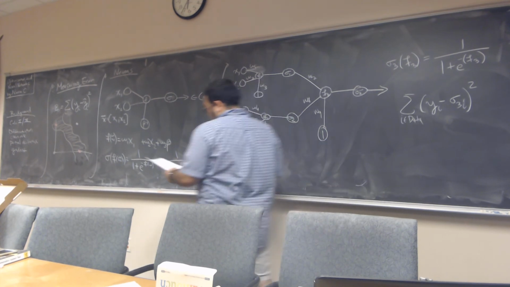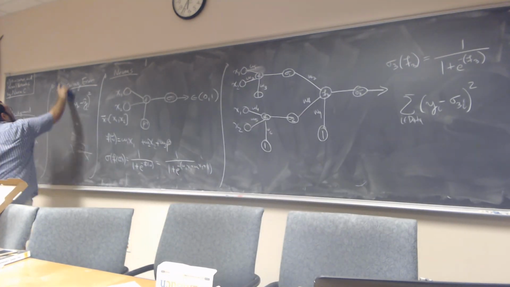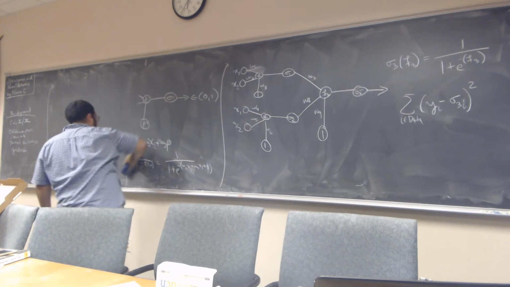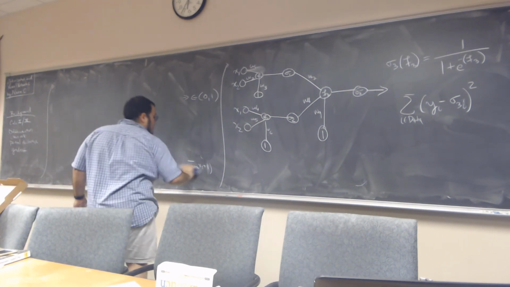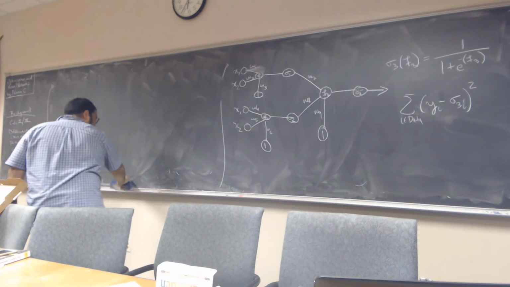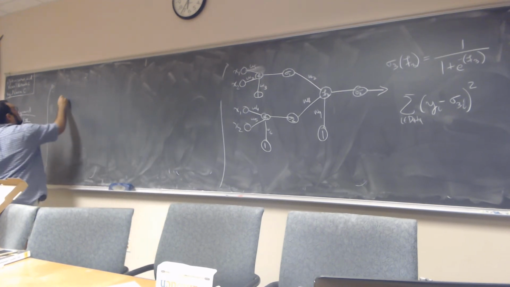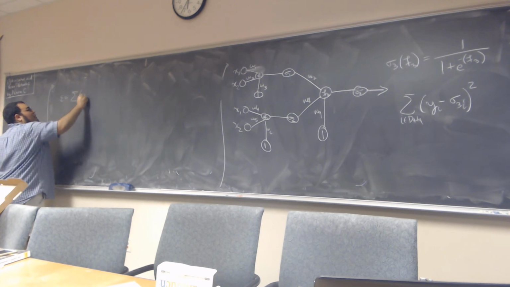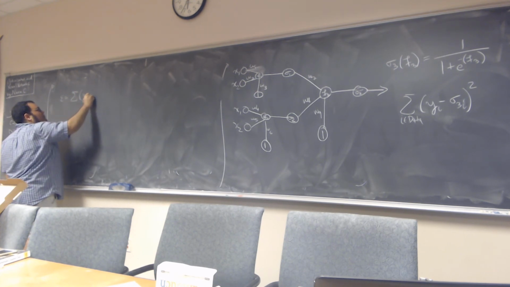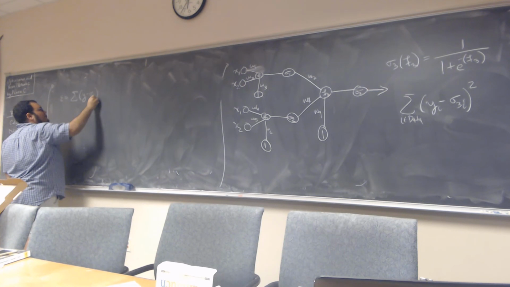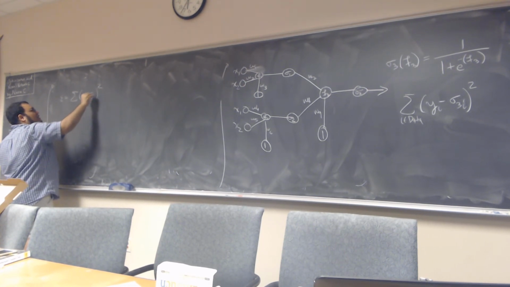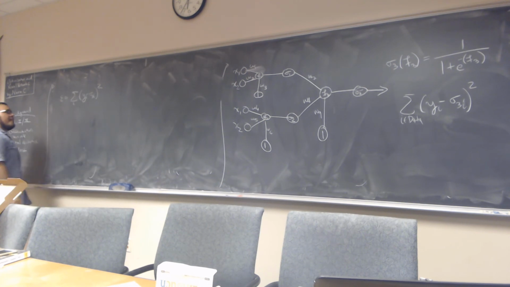So let's look at what minimizing the error looks like. Okay, we have a function. That function is, I called it epsilon, right? And it's the sum of the errors squared. Question.